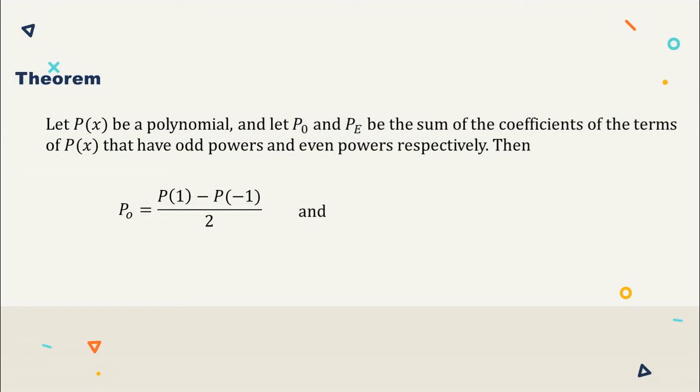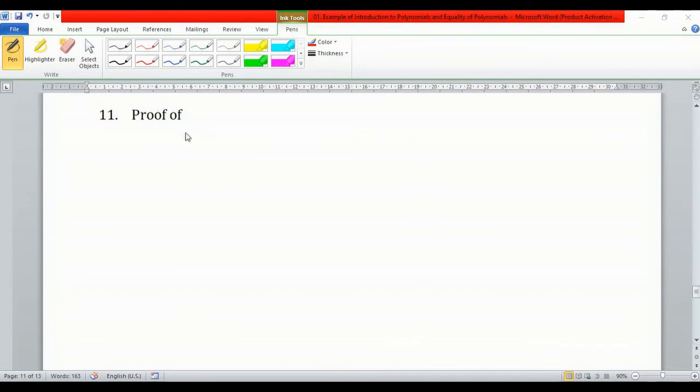And when you want to find the even powers, P_e equals P(1) plus P(minus 1) over 2. So without further ado, let us prove this. Okay, now we want to prove the theorem. So the theorem is showing that P odd equals P(1) minus P(minus 1) over 2, and P even equals P(1) plus P(minus 1) over 2.